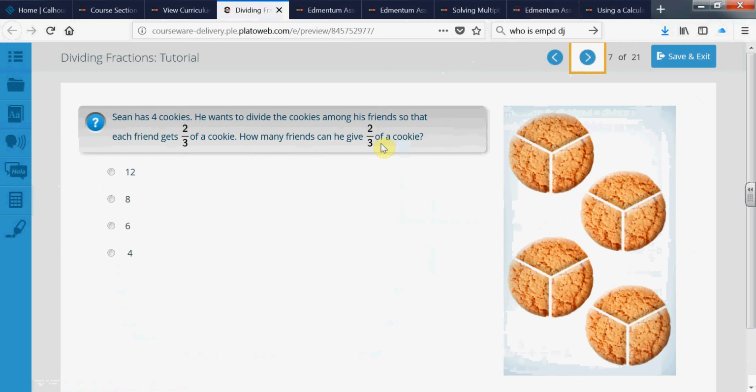So something like that, each person gets 2/3 of the cookie. So how many friends can he give 2/3 of that particular cookie? Pretty good question, and so you can work that out.